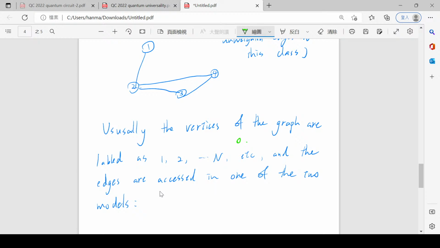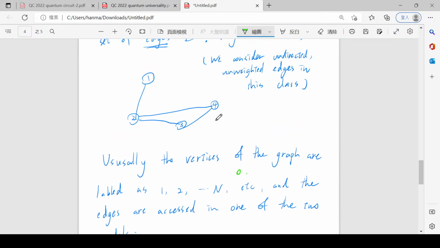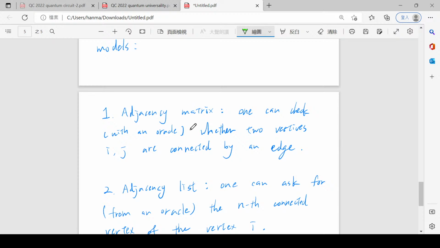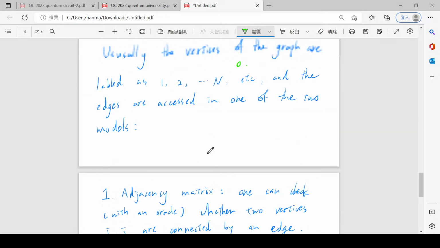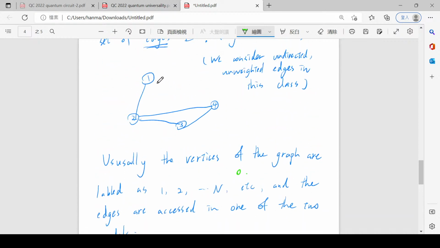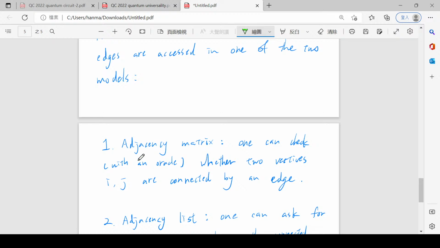And then the edges are more special. So you know the vertices are just those numbers, and now you need to find the edges, right? And there are two models. The first one, I think it's more natural, is the density matrix model, and what it does is you want to check whether two vertices are connected. Okay, so usually you do this with an oracle.